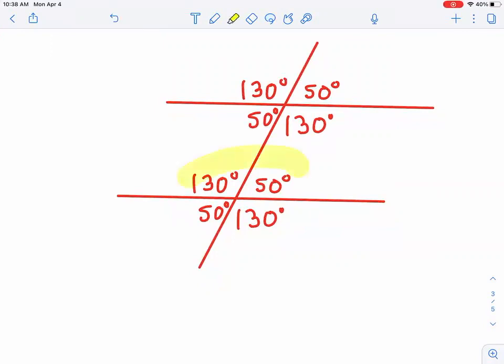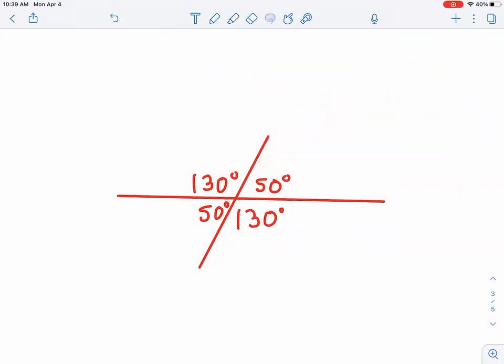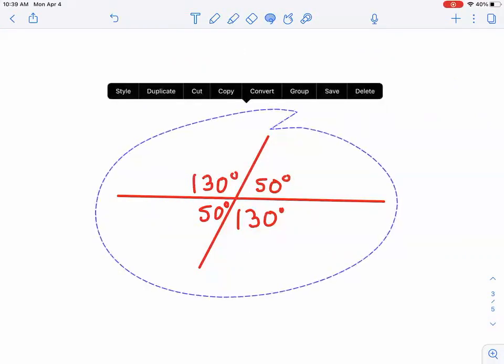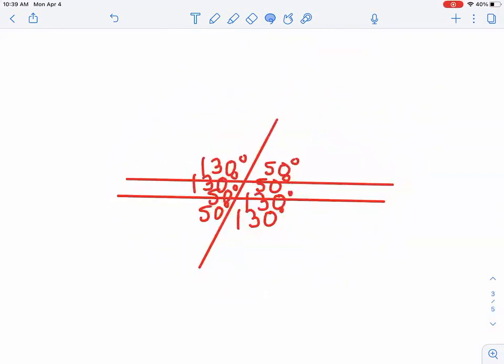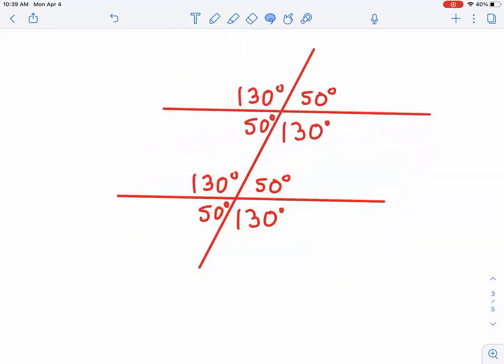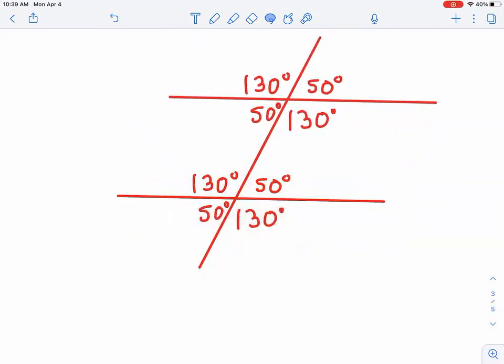So like these four angles corresponded to all of these angles up here. Okay, again, I'll show you where I got that from. If I took these angles and I just slide them up, all of these angles correspond to all of their guys down here.